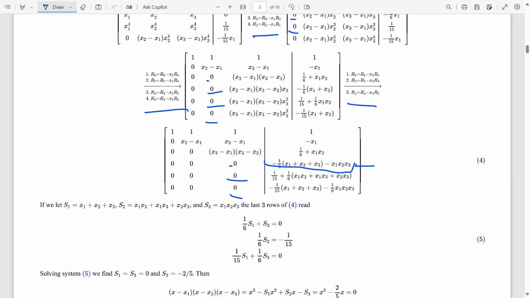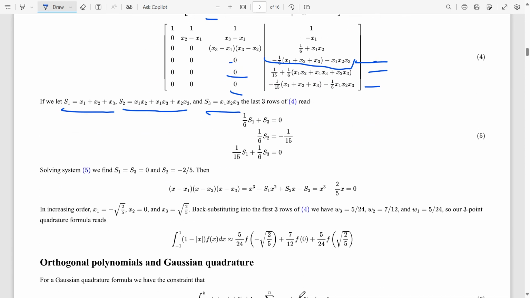And so we can see that the last 3 rows are now 3 linear equations in the 3 unknowns s1, s2, and s3, rewritten like this.